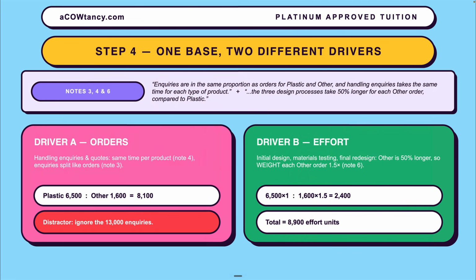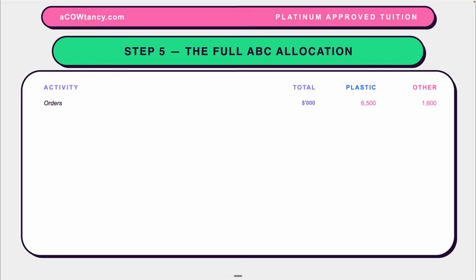But for the other 3, where other takes up more, we're going to do 6,500 for plastic, and then 1,600 times 1.5 to give 2,400. That's the 50% extra for other on those three that we needed. Tricky, I know, that comes to 8,900, but that's how you deal with it.